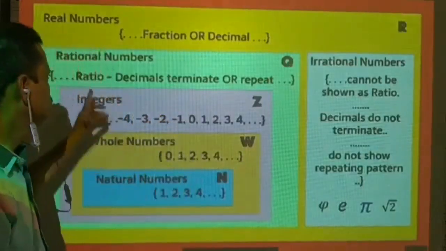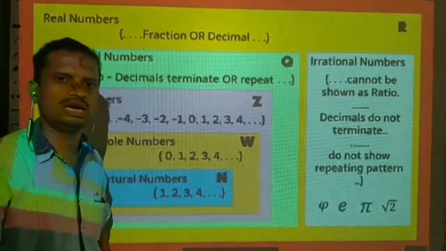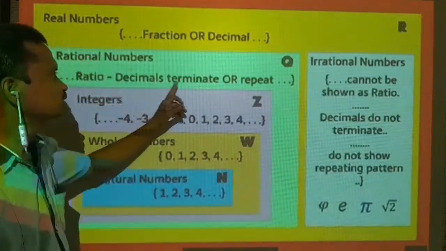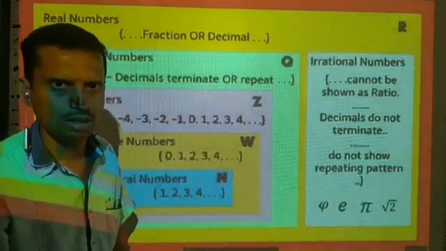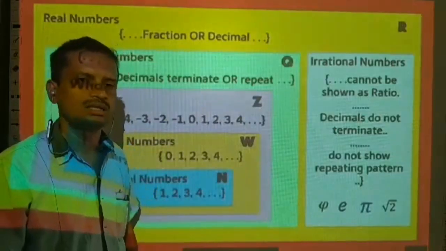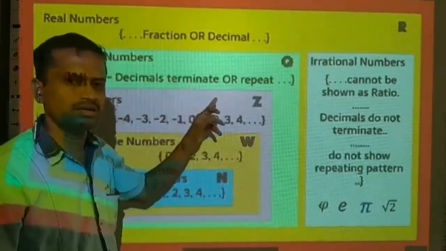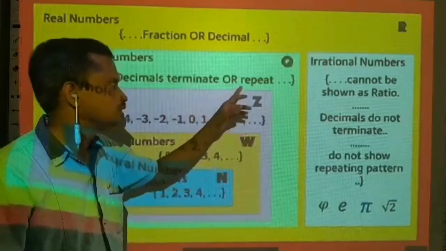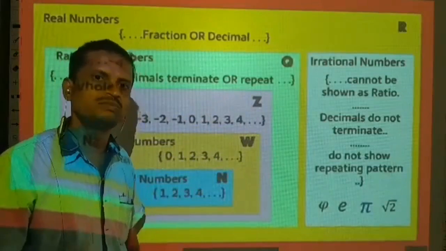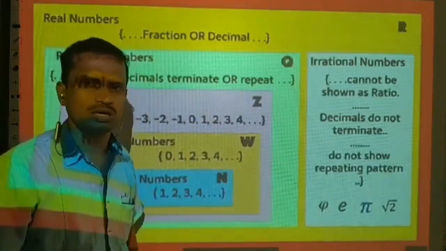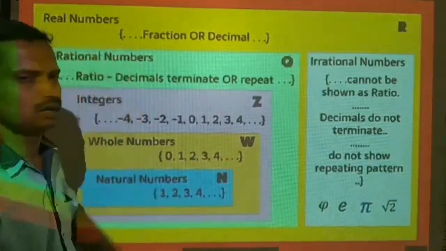In decimal expansion, rational numbers will either terminate or repeat in the decimal part. Terminate means it ends, and non-terminating means it will repeat.